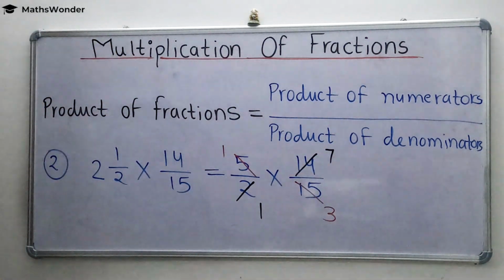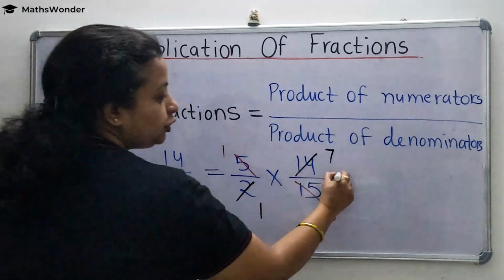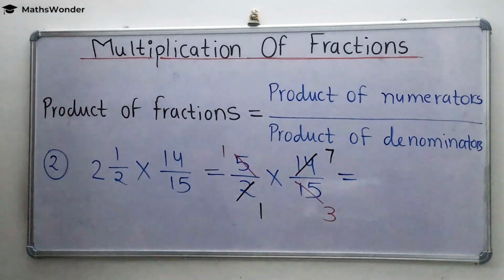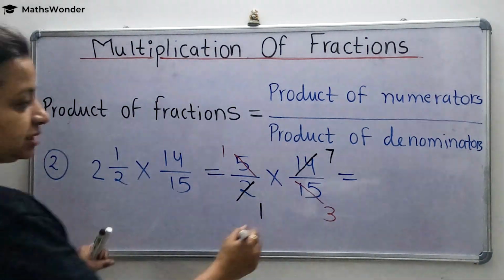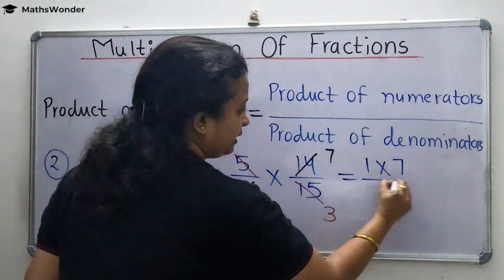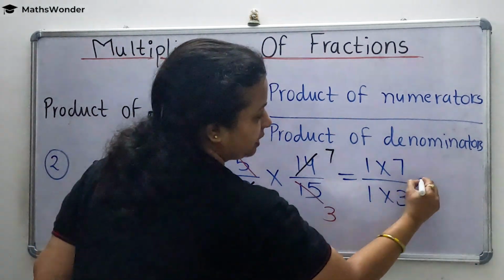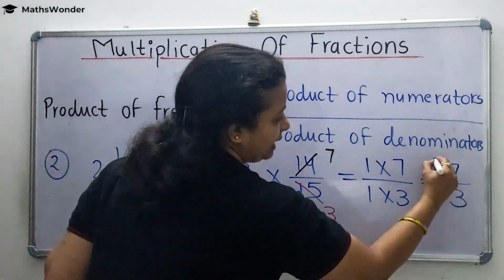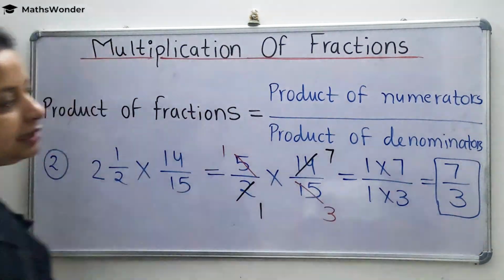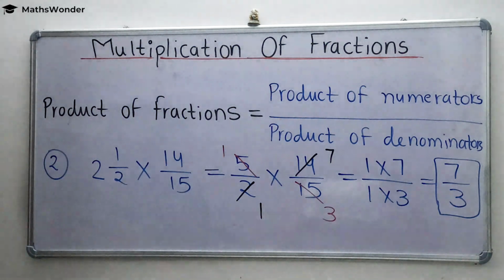Whatever is left, you will multiply the numerators of all the fractions and then multiply the denominators of all the fractions. So 1 times 7 and 1 times 3. When you multiply, you will get 7 over 3, the simplified answer. Okay.